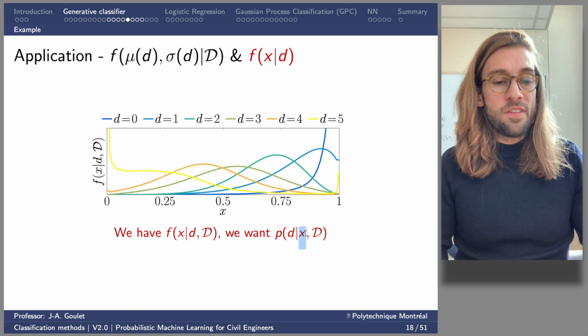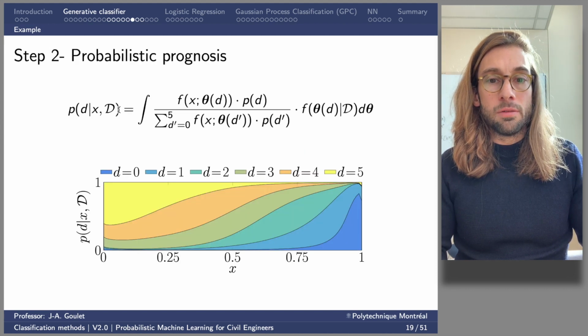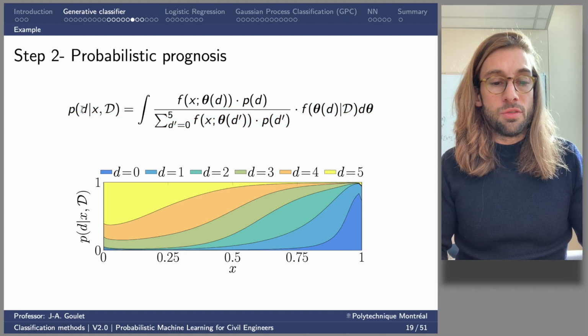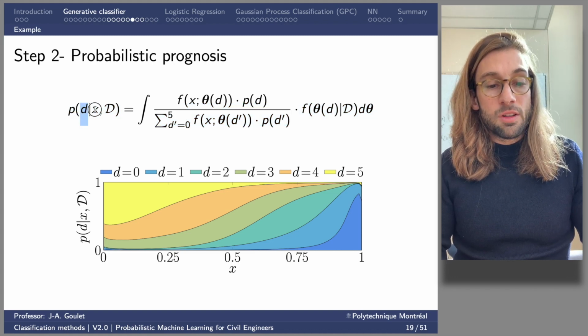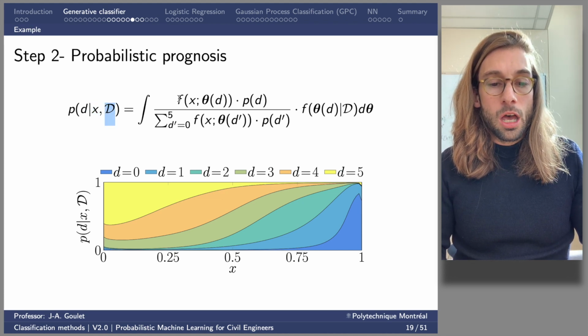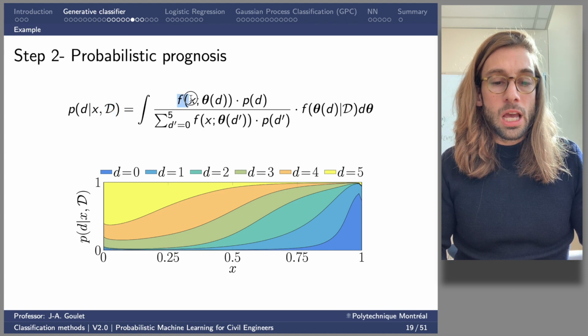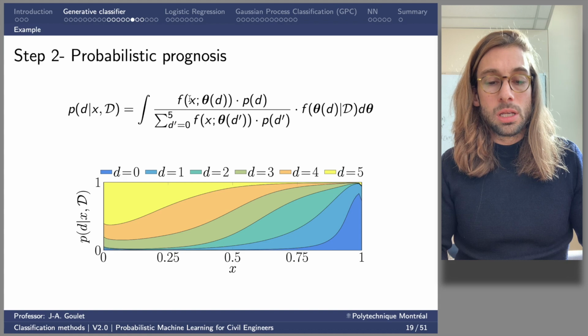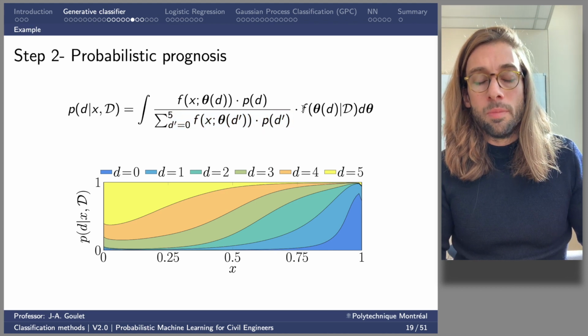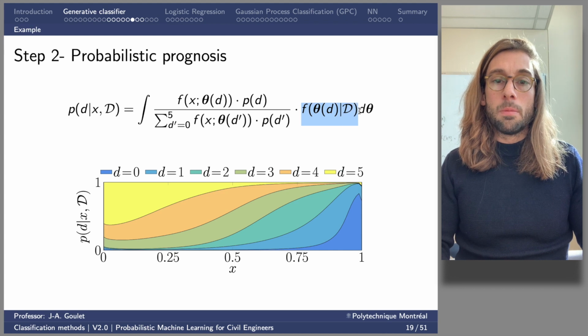So if I want to obtain that posterior predictive probability for a damage index given a frequency ratio and given my data, I obtain it by taking the product of the conditional probability of frequency ratio X given its parameters times the probability of that damage index, divided by my normalization constant, times my posterior probability for my parameter value.